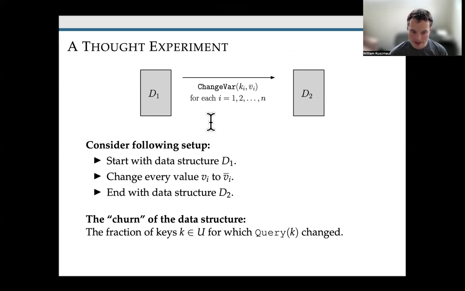So we perform this experiment, and it turns out the thing we're going to care about is what we call the churn between the data structure D1 and D2.